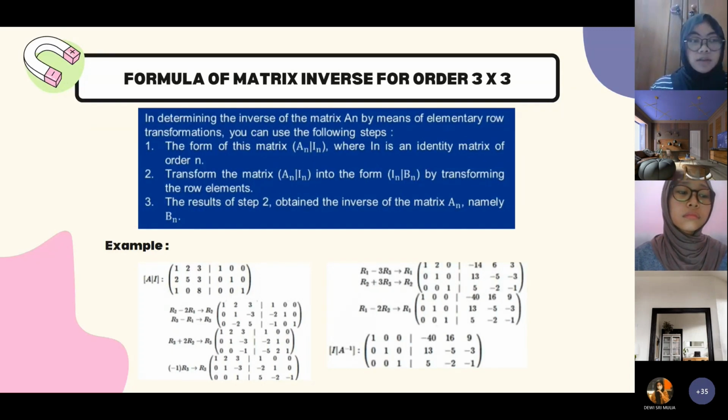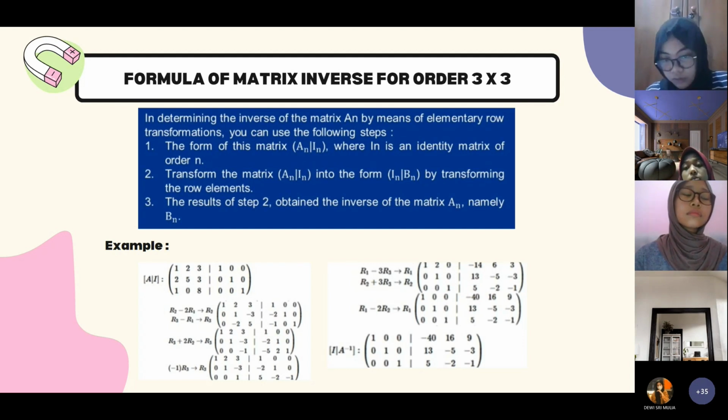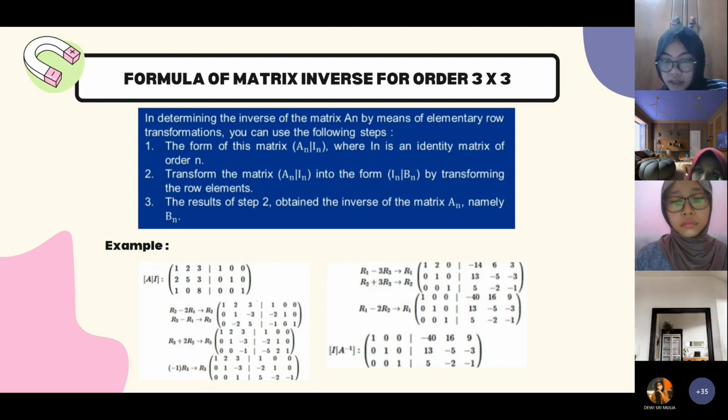For example, we can solve the problem of this question by transforming the row elements, and then we can get the result of the matrix inverse. It is [40, -40, 16; 9, 13, 5; -5, -3, 5; -2, -1].